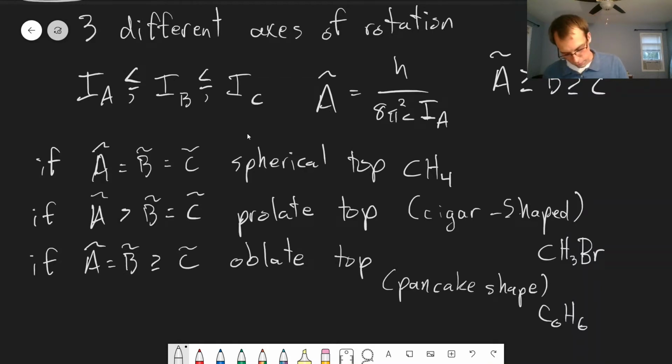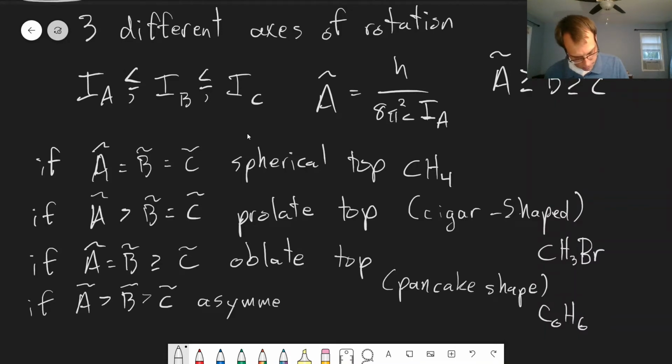And then the final possibility is that they're all different. If A is bigger than B is bigger than C, this is what's called an asymmetric top. So there's no symmetry about it. All right.